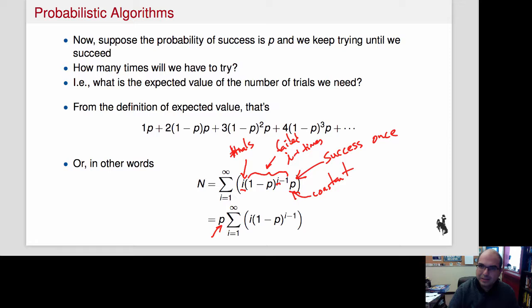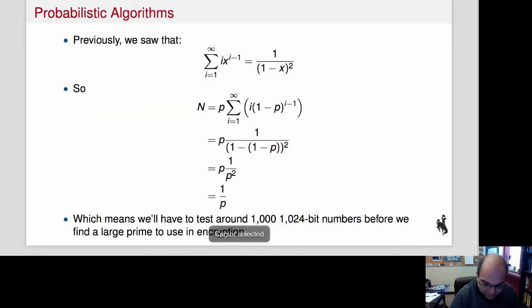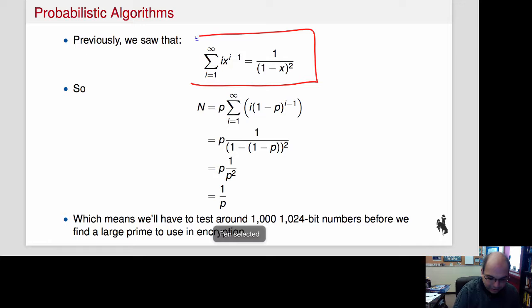And this specific sum you may remember because it's one of the ones that we did in the sections on series, right? So in particular, what we did was we figured out that the sum of i times x to the i minus 1 was 1 divided by 1 minus x quantity squared, okay? And this was true for any constant value x, right? So here's what we want.